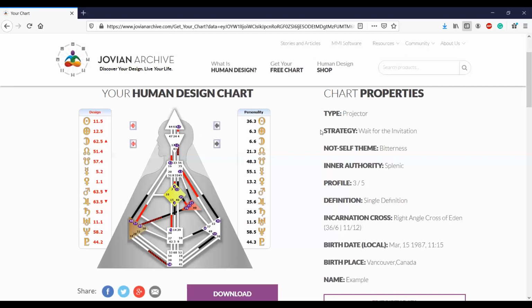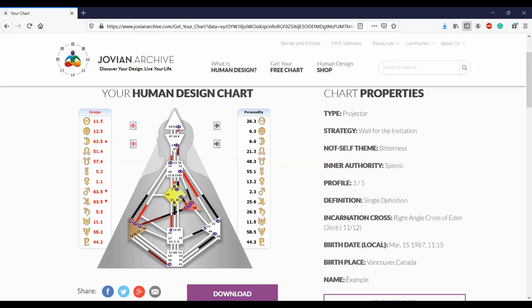Okay, so the next thing, we have strategy. Strategy is tied to each individual type. It tells us the best way for that type to interact with the environment to thrive. So the not-self theme is another element which is tied to a type and tells us how this person feels when they're not in alignment with their true nature, or when they aren't following their strategy and authority.